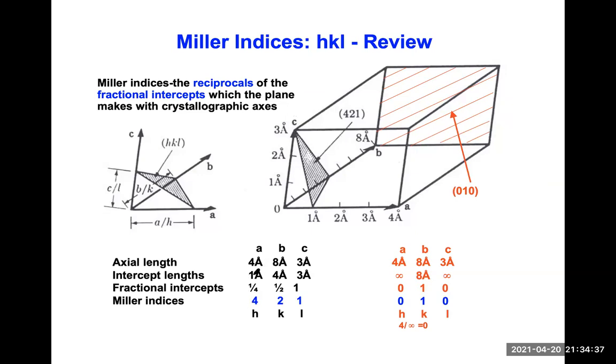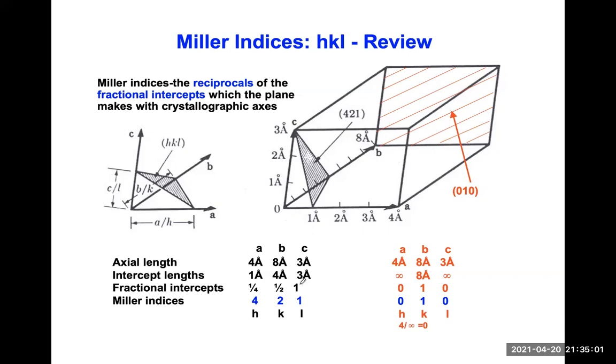Compared to the actual length along those axes, that intercept length is 1/4 of the whole way to point A. This intercept length is half the distance from 0 to B, and this one is the full distance from 0 to C.